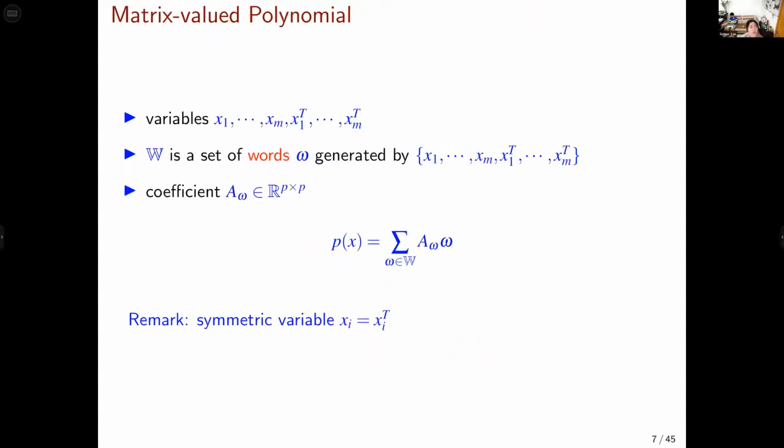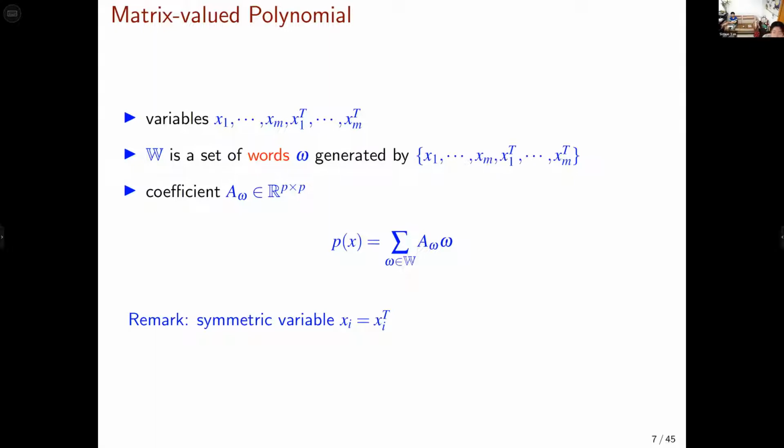Then we introduce the matrix-valued polynomial, which is a kind of polynomial in the commutative case and in the non-commutative case. The first difference between the commutative case and the non-commutative case is that the variables x1 to xn are non-commutative, and they also have the transpose operation.